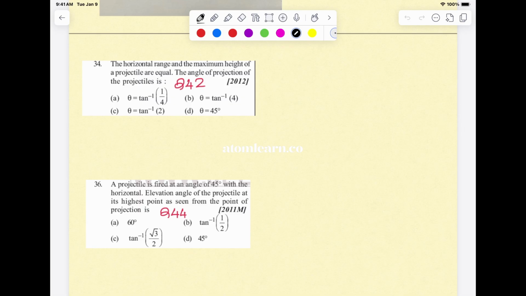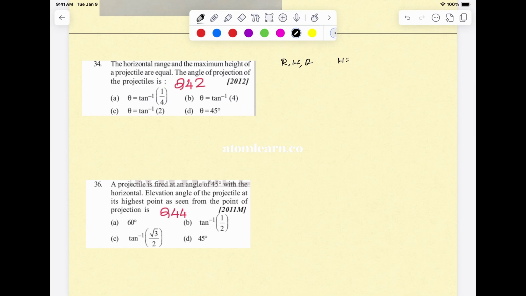Then the next job is to think from your memory what formula is linking these three quantities: R, H, and theta.